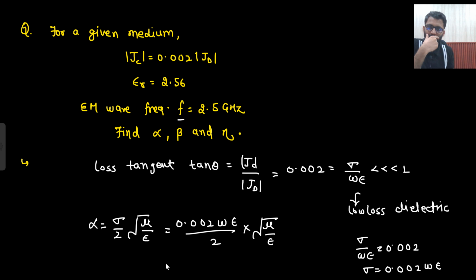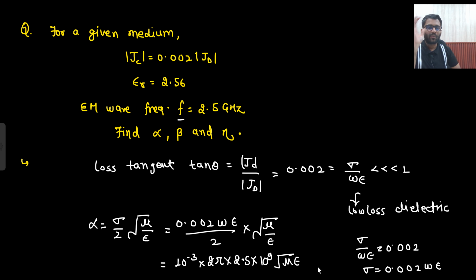What you are getting here is 10 to the power minus 3, this will become 0.001. What is your omega? Omega is 2 pi f, with f as 2.5 GHz, and under root mu epsilon you are getting. This is what you are getting.